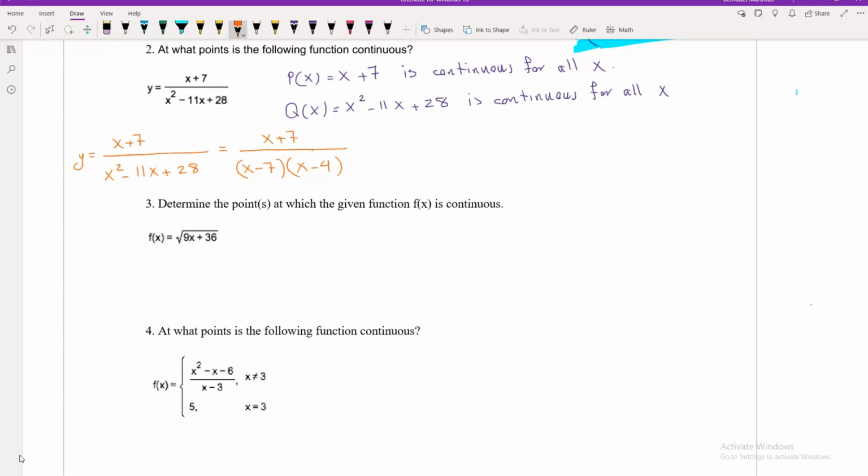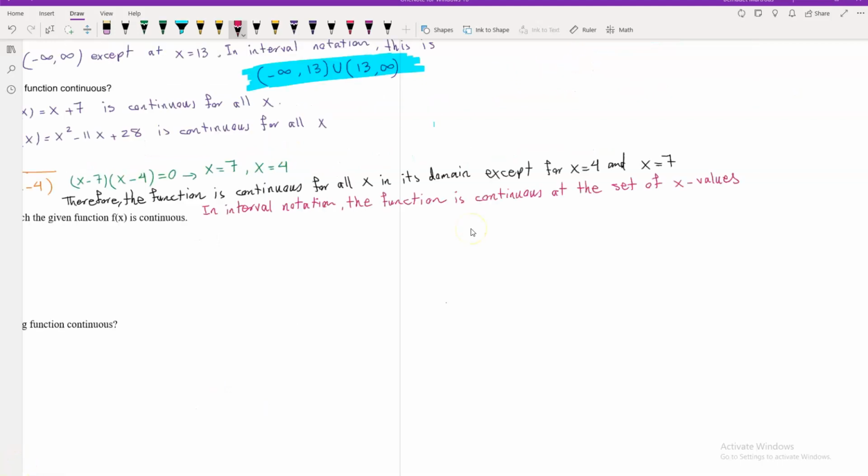So in this case, we have x minus 7 times x minus 4. This means our function is continuous for all x in its domain except for 7 and 4. So writing our interval notation, the function is continuous at a set of x values.